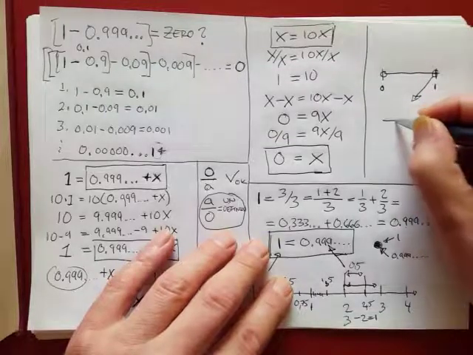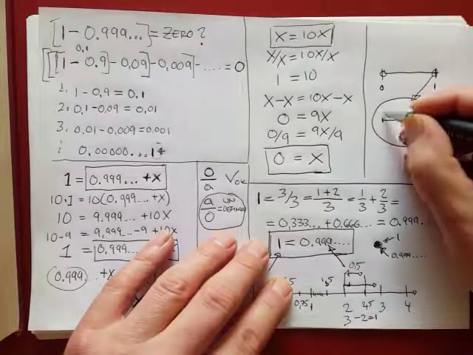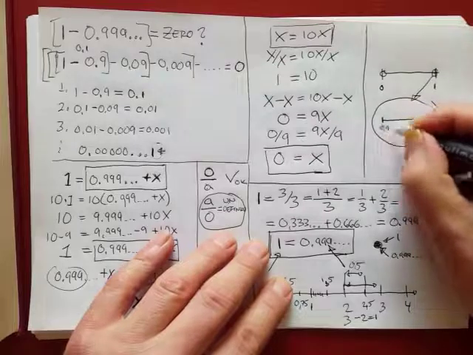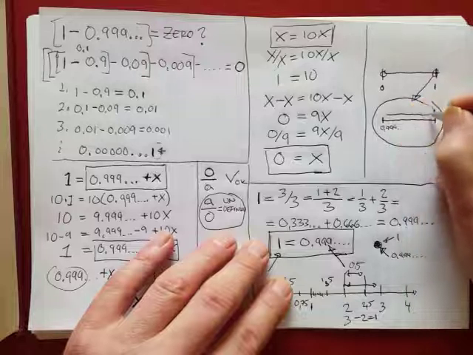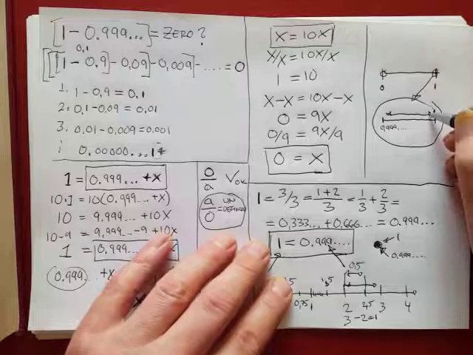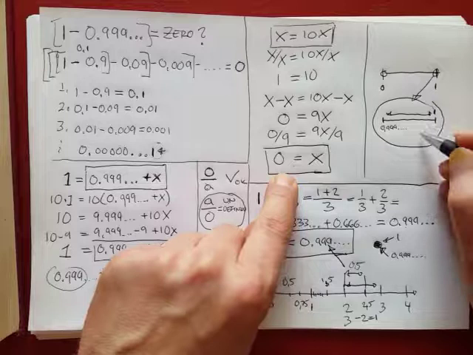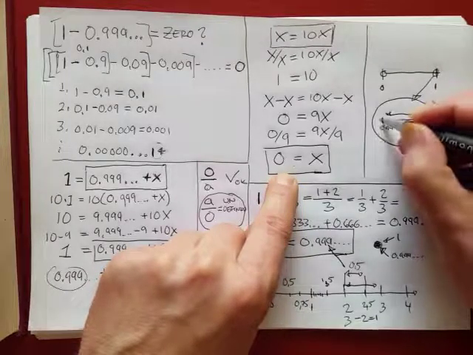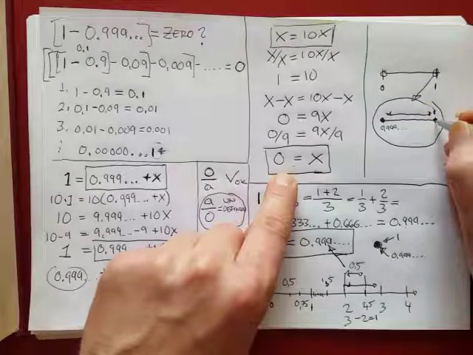We go very close to it, and here we have the number 1, and here we have the number 0.999111, and the question we ask is what's the distance between these two numbers? And this equation here says that the distance is 0. So here is something and here is something, but the distance between them is 0.